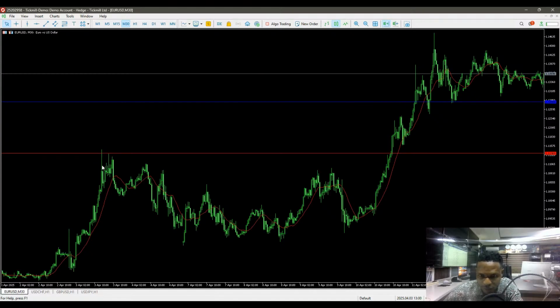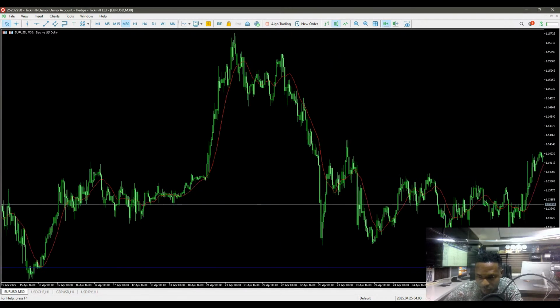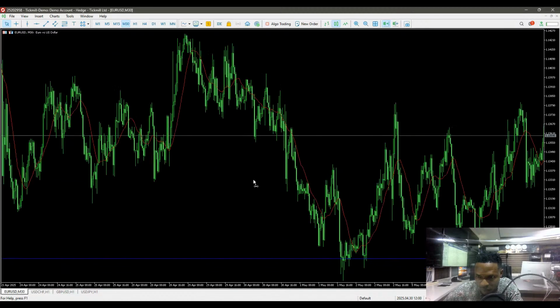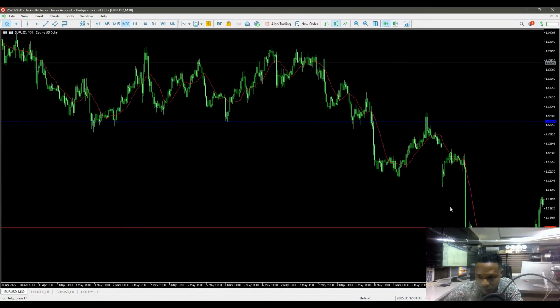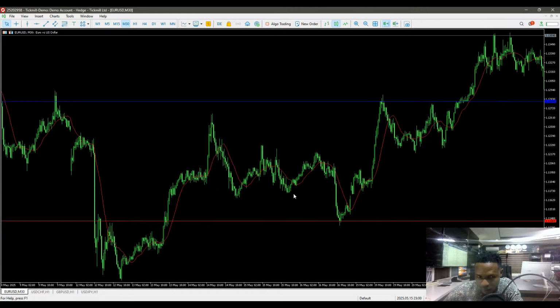Okay. This one, for the red, for the support. One. We have one. Actually, this is another place, but this one is for sell. So we are waiting for a buy.